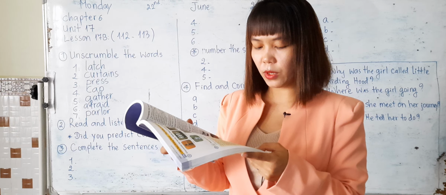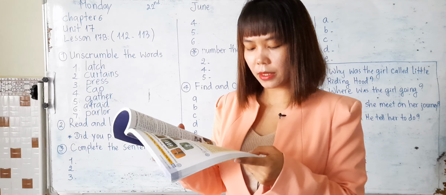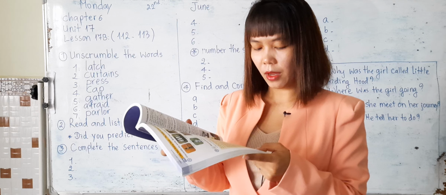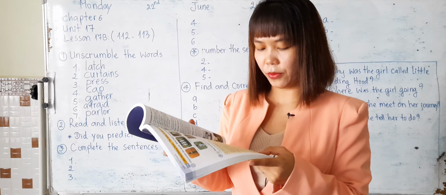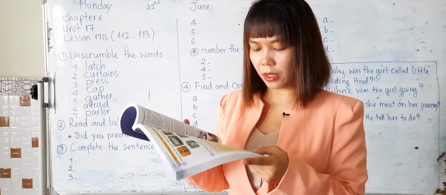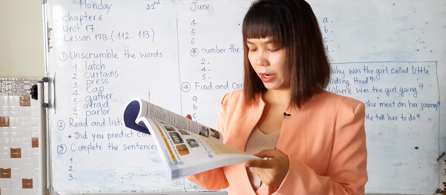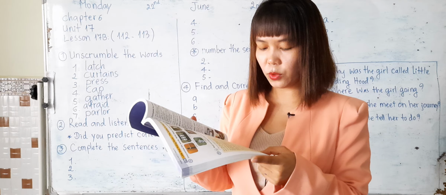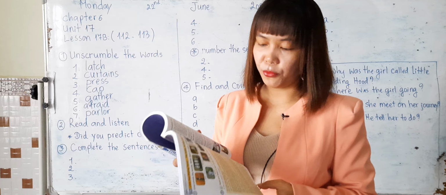"Oh, the better to hear you with," replied the wolf. "Oh, grandmother, what big eye you have," she said next. "Oh, the better to see you with, my dear," answered the wolf. "Oh, grandmother, what big hands and arms you have," Little Red Riding Hood said next. "Oh, the better to hug you with, my precious child," lied the wolf.